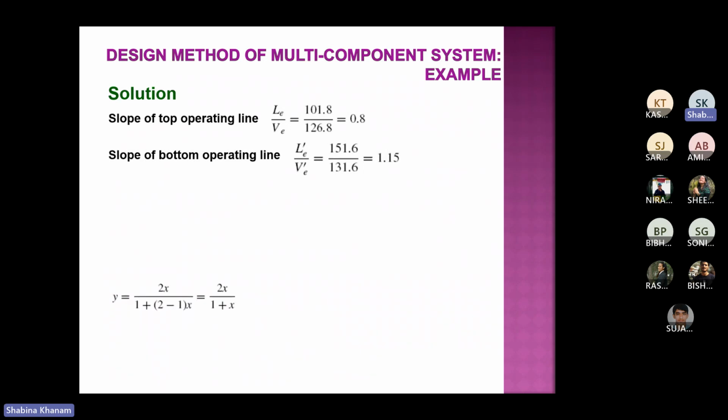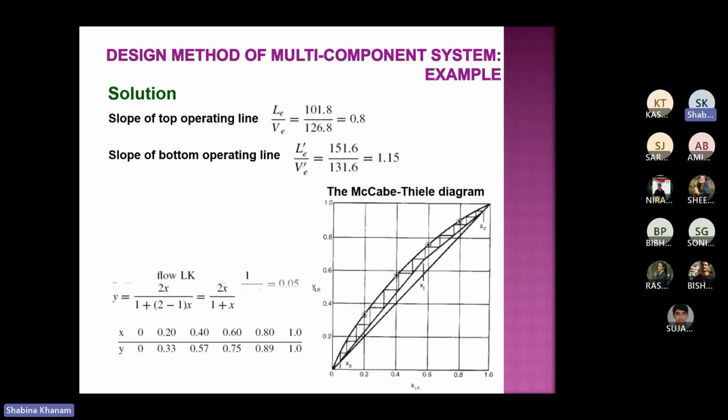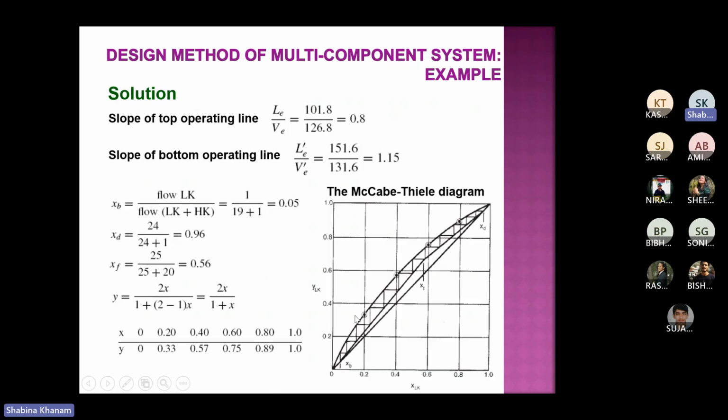This is the equilibrium correlation which we have just discussed, and for different x we can have different y, so we can draw the McCabe-Thiele diagram as you can see over here, and this is the 45-degree line. And this is the slope of the rectifying section and stripping section that you can draw.